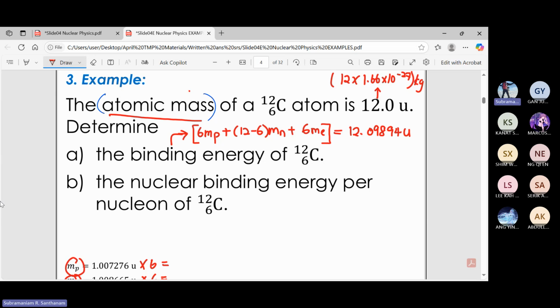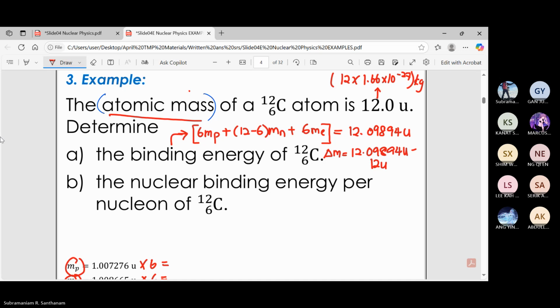But when they form the atom, the atomic mass is only 12.0 U. So now if you want to find the mass defect, it will be 12.09894 U minus 12 U, because that is the atomic mass when they come together.